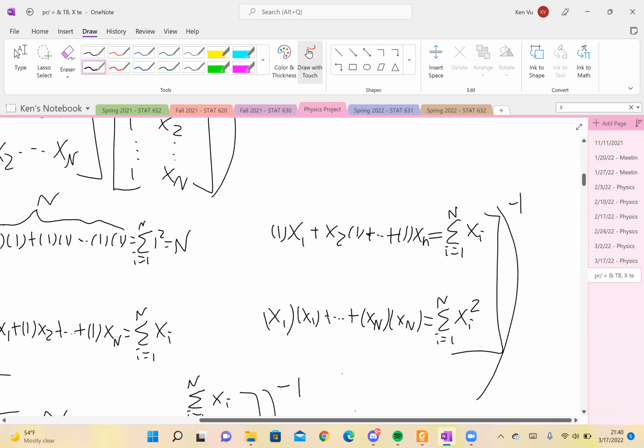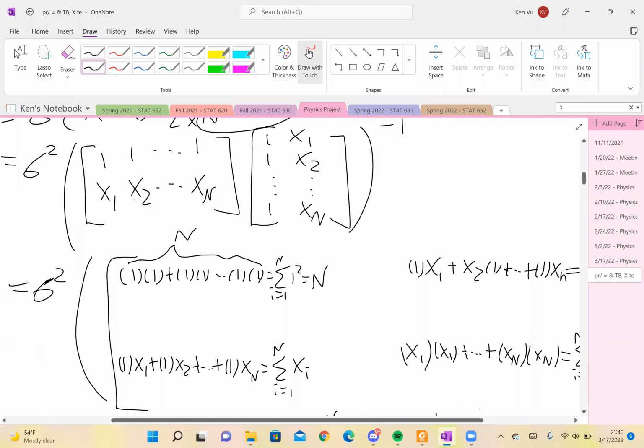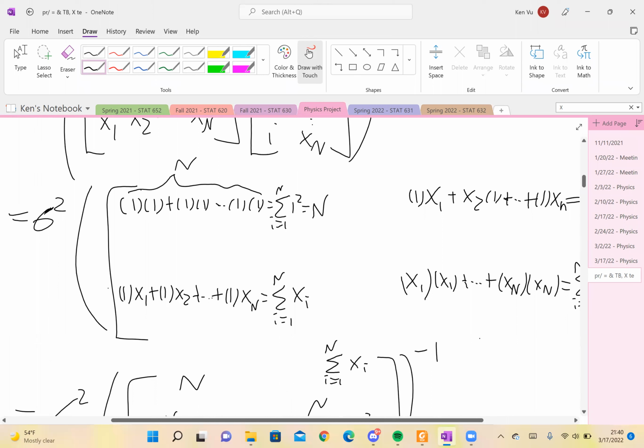Now you just do the same thing with the second row and then the first column, the second column respectively. So x1 times 1 plus x2 times 1 all the way to xn times 1 gets you, again, a summation of all the X values, which is i equals 1 to n of xi, this summation right here.